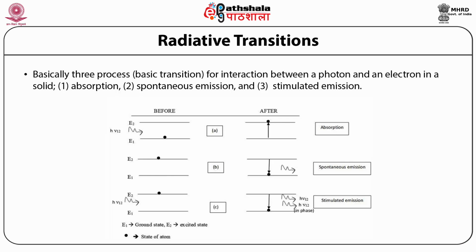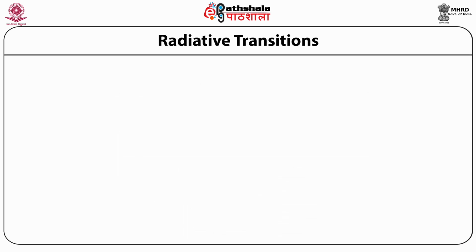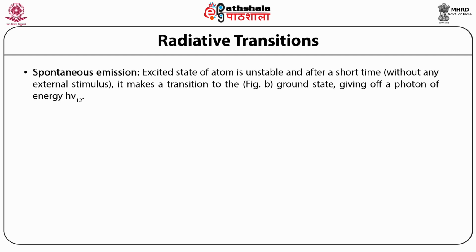So the situation is disturbed when a photon of energy exactly equal to h nu12 is incident on the system. An atom in E1 state absorbs the photon energy and goes to the excited state E2. This is the absorption process.